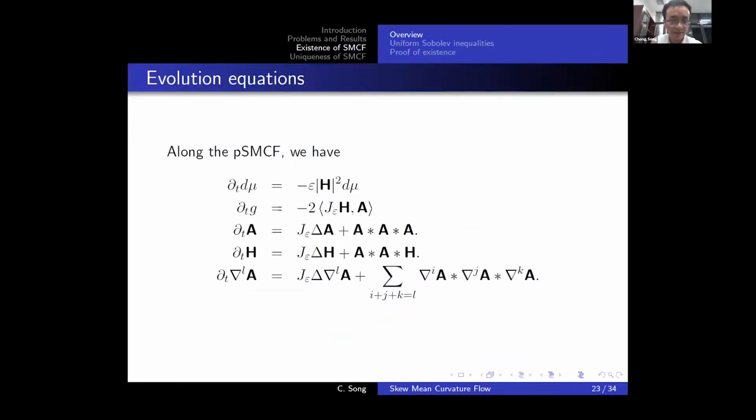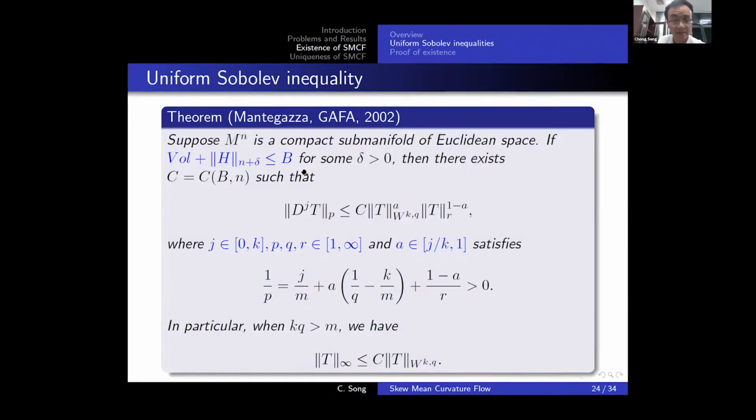First, here's a table of evolution equations of different geometric quantities along the perturbed flow. And then next. The key problem here is that the underlying metric is evolving.